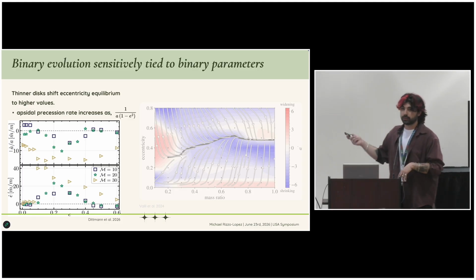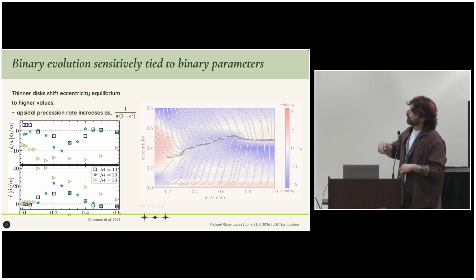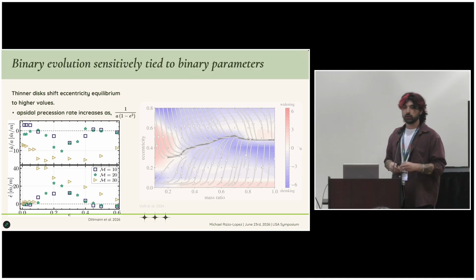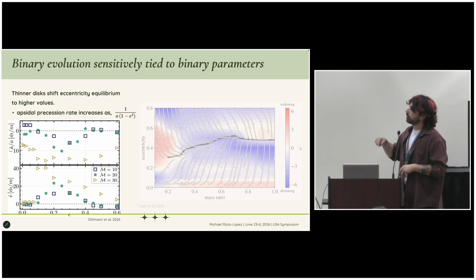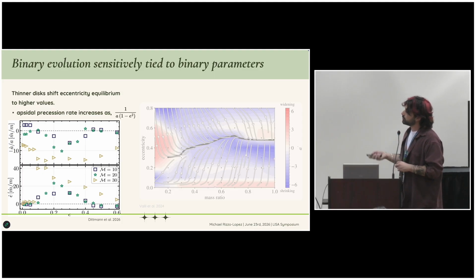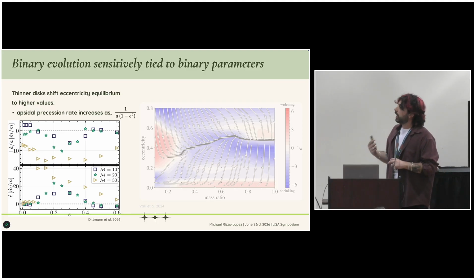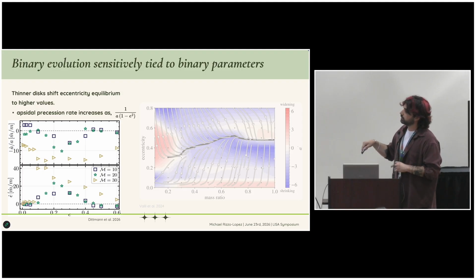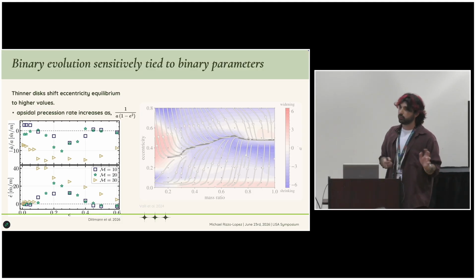Additionally, earlier this year, Alex Dittmann published a paper that showed that as we change our assumptions of the disk thermodynamics and simulate thinner and colder accretion disks, this evolution can also change. This demonstrates that the evolution is sensitively tied to both the binary parameters and the gas assumptions. On the top panel, we have binary separation evolution as a function of different eccentricities, and our thinner, colder disks are represented by the different symbols, with Mach 30 being the thinnest disk, which is closer to a realistic AGN disk, but not quite yet.